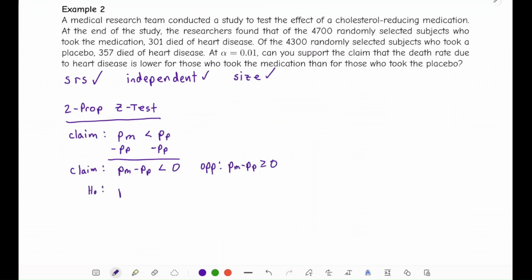The null hypothesis is always equal to. And then the alternative hypothesis, again, has to match this or that, whichever one doesn't have the or equal to part. So this time, the alternative hypothesis matches the claim.